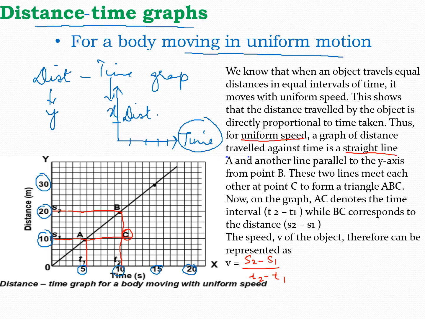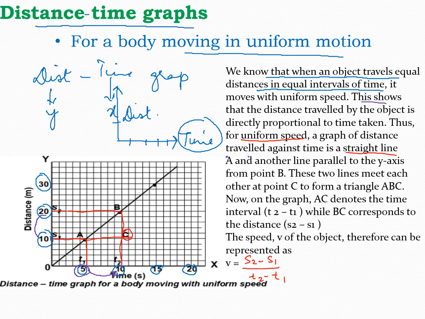So please look here. We know that when an object travels equal distances in equal intervals of time, you can see here, when the time changed from 0 to 5, the distance covered is 10 meters, isn't it? When the time changed from 0 to 10, the distance covered is from 10 to 20. It means with an equal change in time, the distance is also changing at an equal pace.